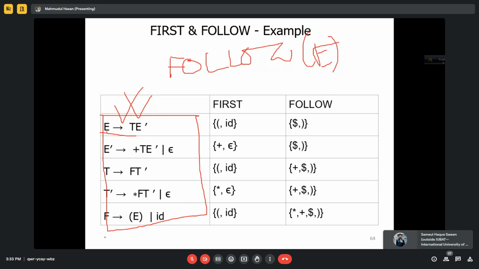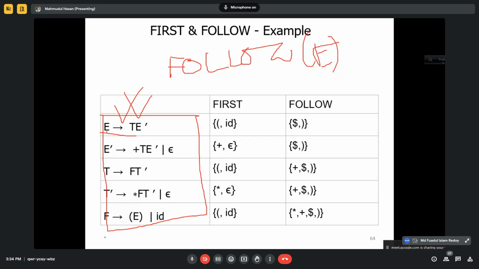Did we cover the common prefix problem, sir? If your grammar has a common prefix problem, then you need to perform left factoring. Hello? Did we cover it?